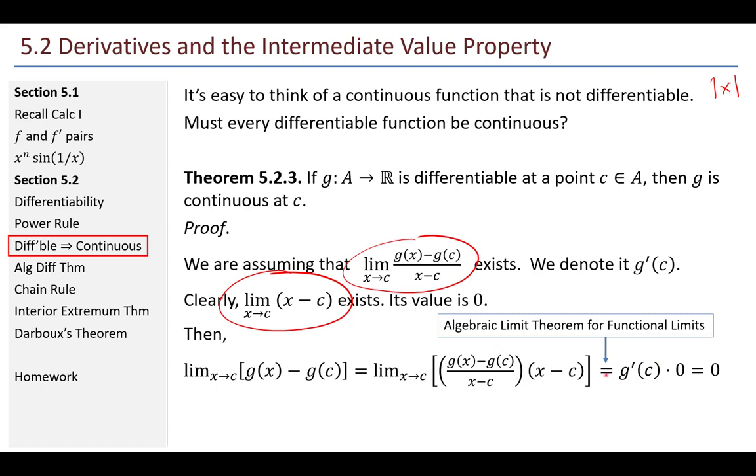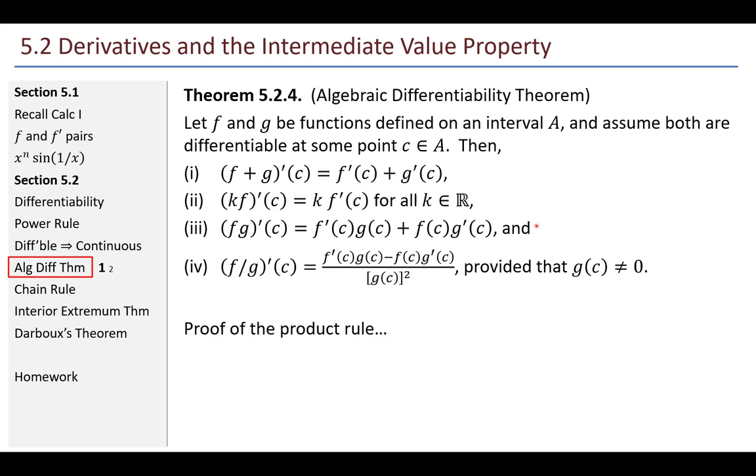And this equality comes from the algebraic limit theorem for functional limits. If two limits both exist, then the limit of their product is the product of the two limits. And then it follows that as x goes to c, g of x turns into g of c. So in other words, what does this exactly tell me? My function g is continuous at c. So if it's differentiable at c, it has to be continuous at c.